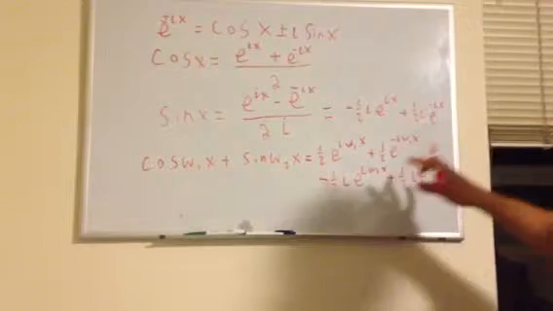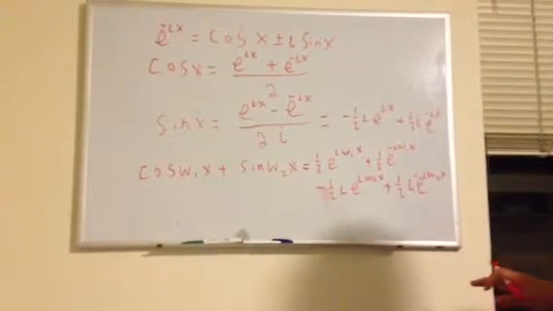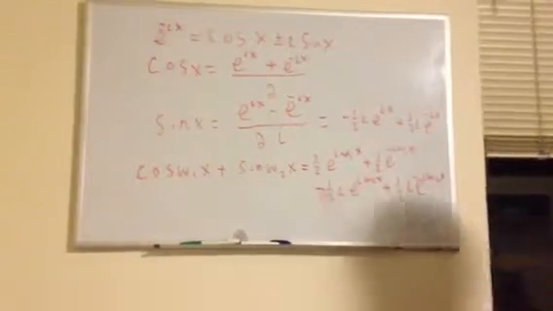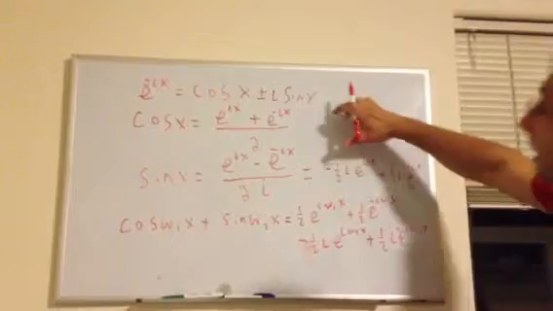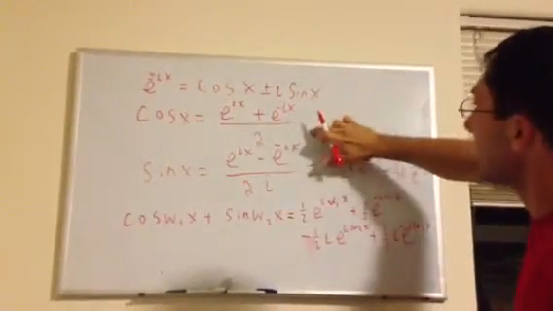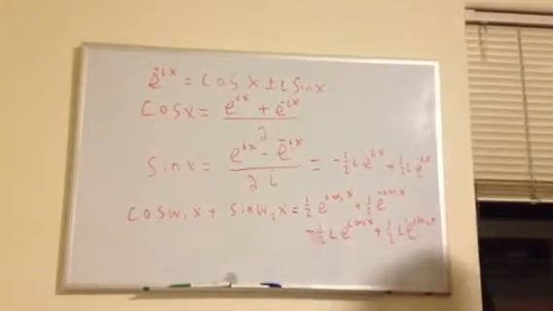Okay? So you guys are probably wondering, what does this mean? Well, this actually has a lot of implications. I'm going to go ahead and erase these three identities since I've already used them for what I need to do.